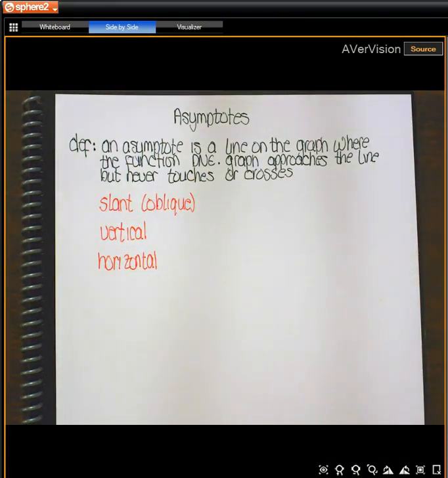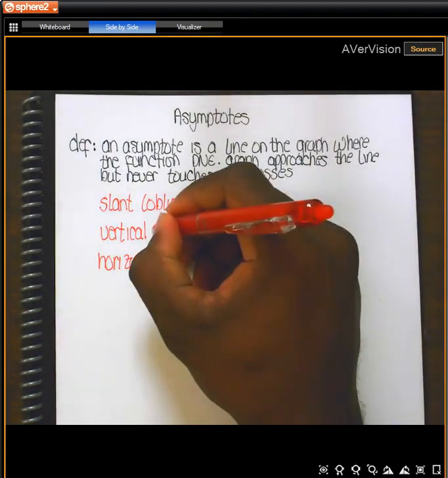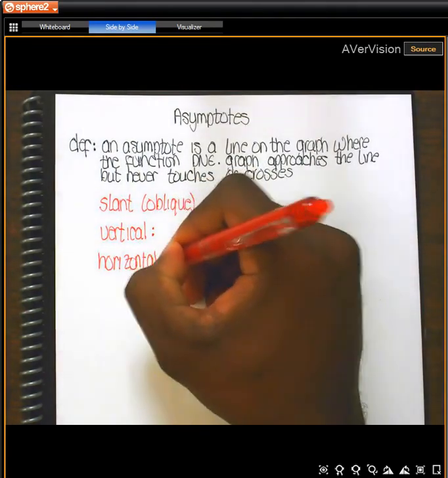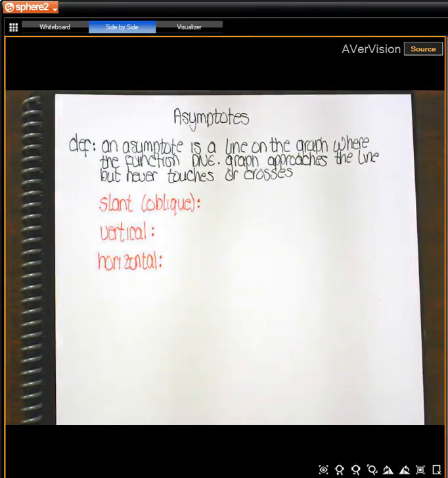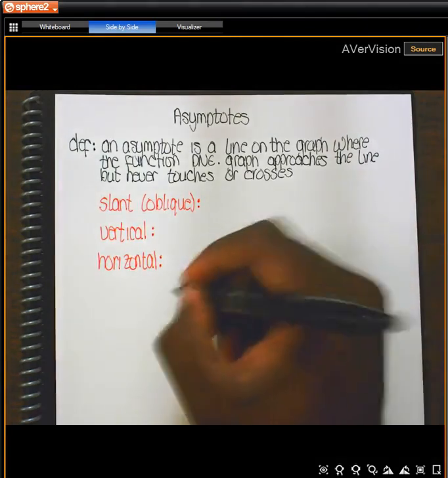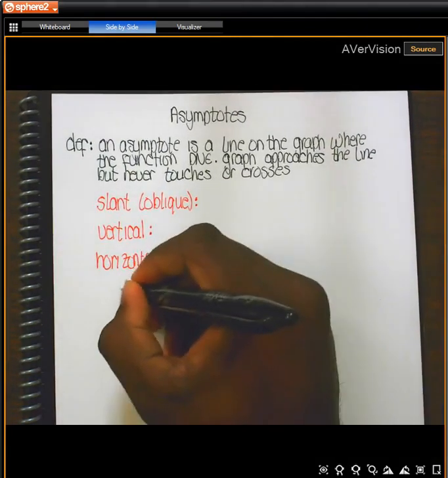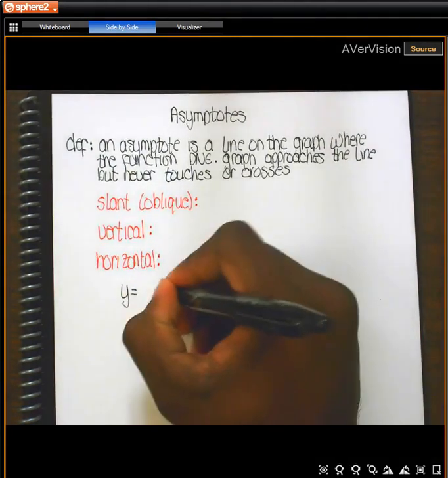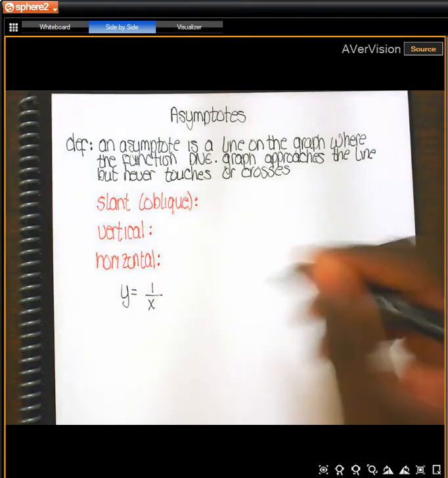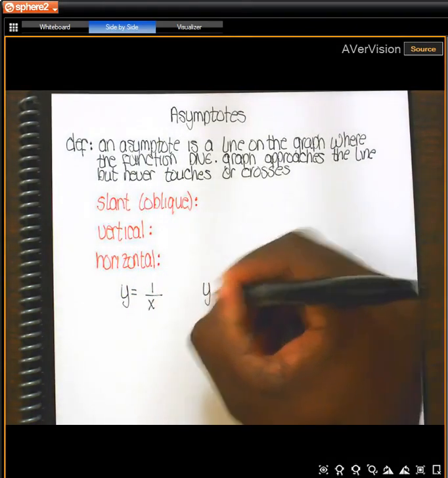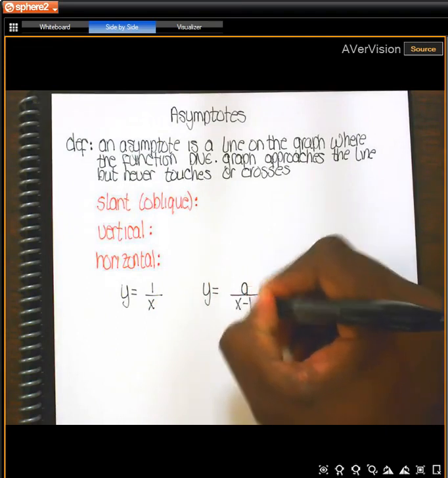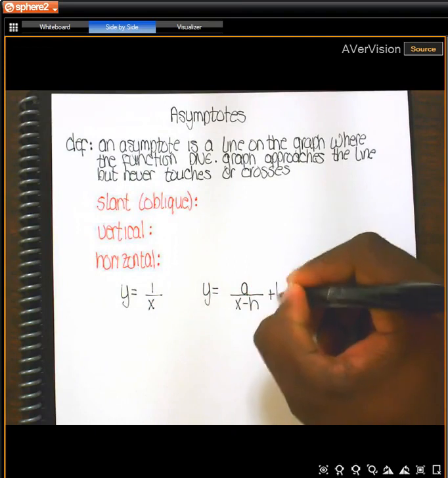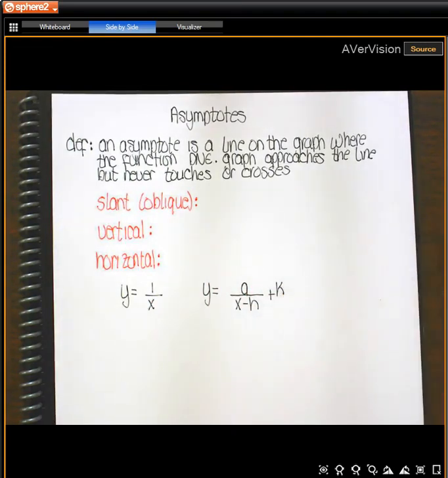All right. So the transform function can be used to tell us what type of asymptote we have. So for example, if we have y equal to 1 over x, the transform function is going to be y equal to a over x minus h plus k, right?